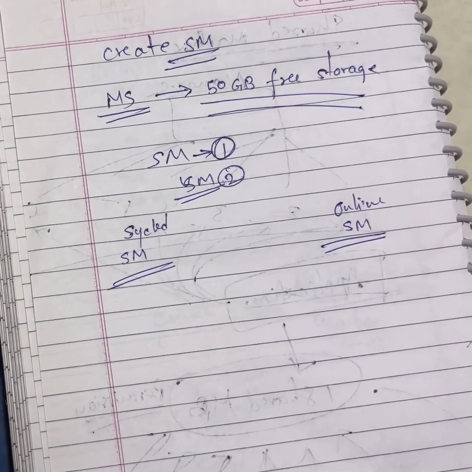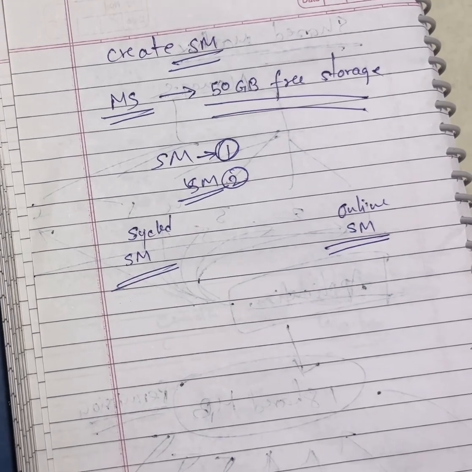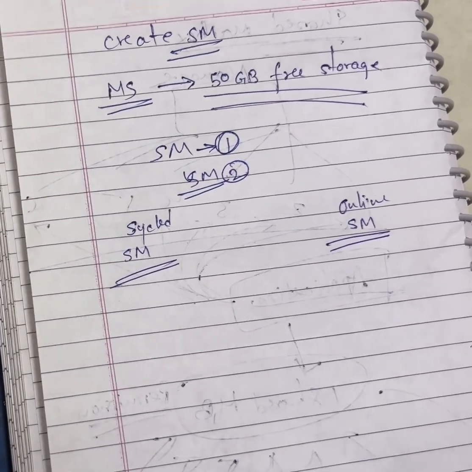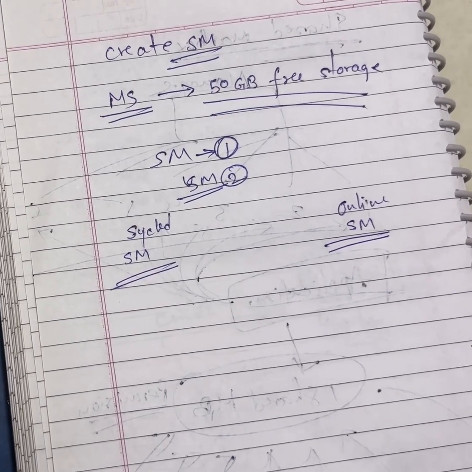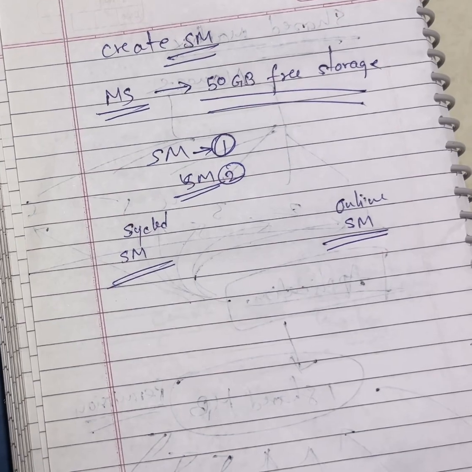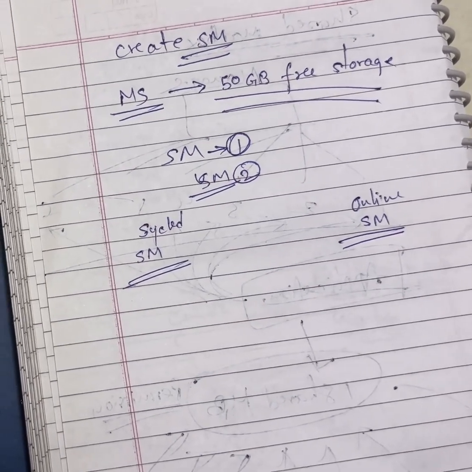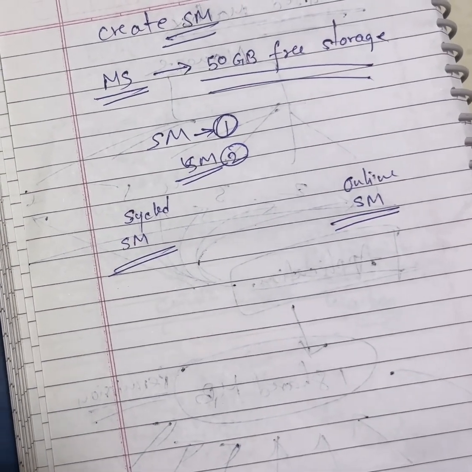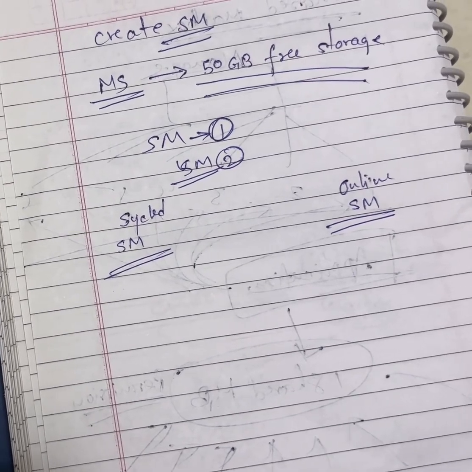What is the first question you will ask once you get the request for shared mailbox creation? My very first question would be: do you need the mailbox with an AD attribute, like a synced shared mailbox, or just an online shared mailbox? The major difference comes over here.